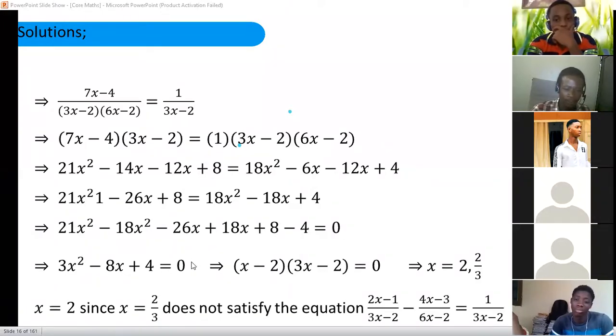That's very good. We did this in algebraic expressions, how to factorize a quadratic equation or how to solve it. So we need to solve this quadratic equation as we did in algebraic expressions.